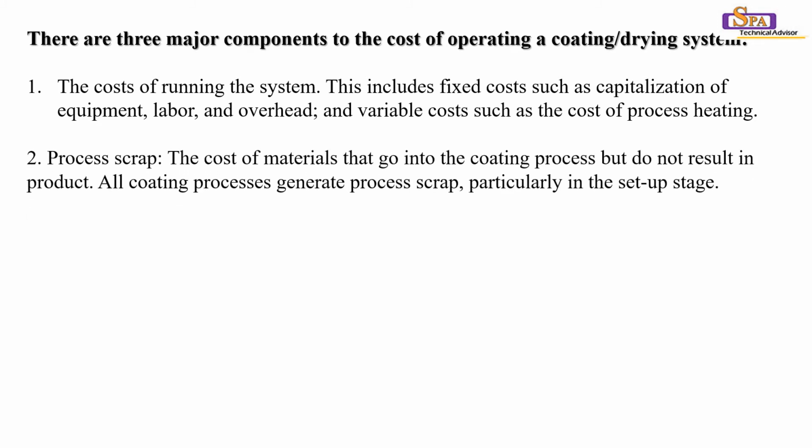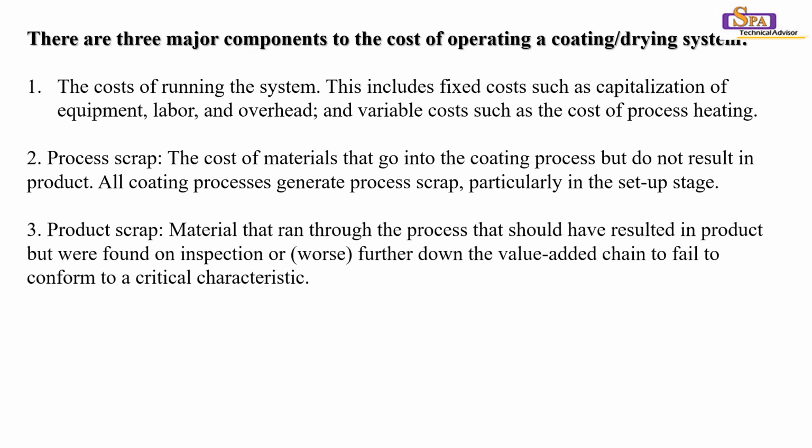Number two, process scrap. The cost of material that go into the coating process but do not result in the product. All coating processes generate process scrap, particularly in the setup stage.